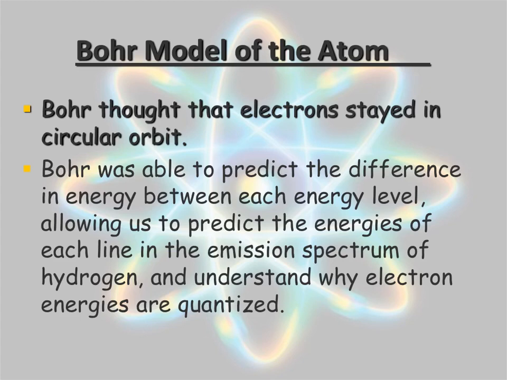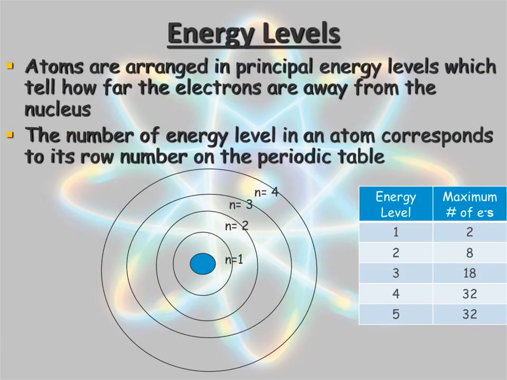He was able to predict the difference in energies between each energy level, which basically allowed us to predict the energies from emission spectrums for hydrogen, and understand that these distances between each ring are quantized. They're a specific amount, and that specific amount is also the same amount that we see on an emission spectrum when light's given off by the element.